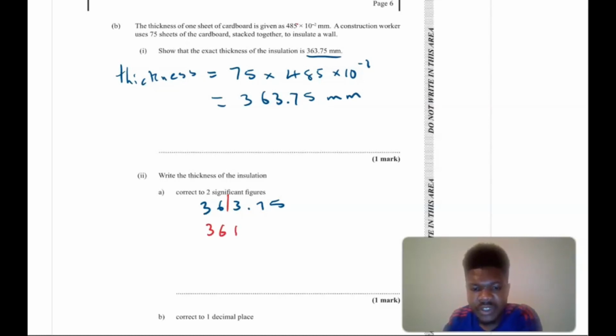So it's 360. After the decimal point, we don't want to put zeros here because this is going to be five significant digits, since these zeros are going to be trailing zeros. We don't want that. So we're going to just leave it like this, 360 millimeters. And that's it. Two significant figures.